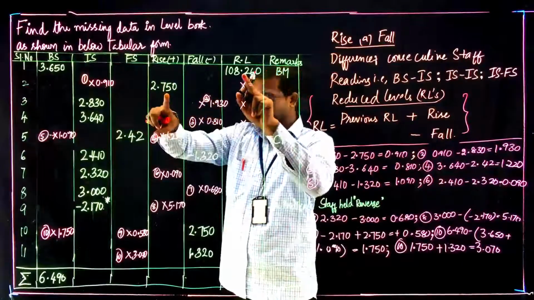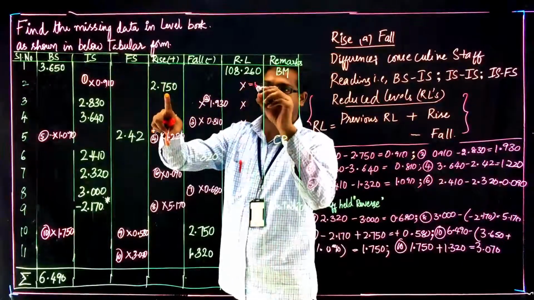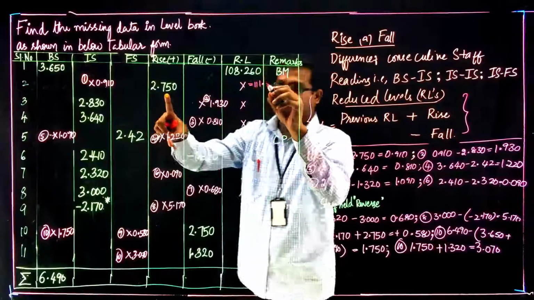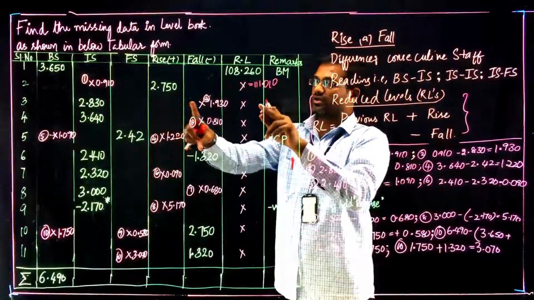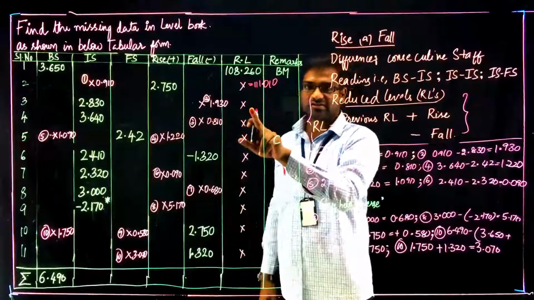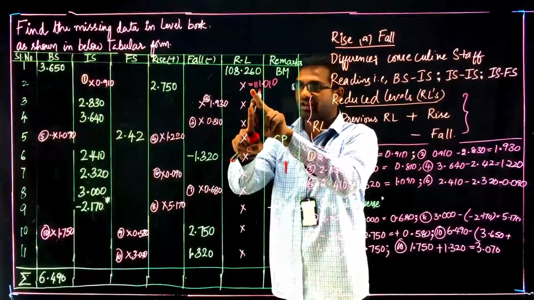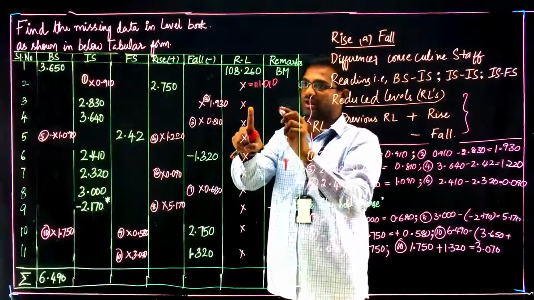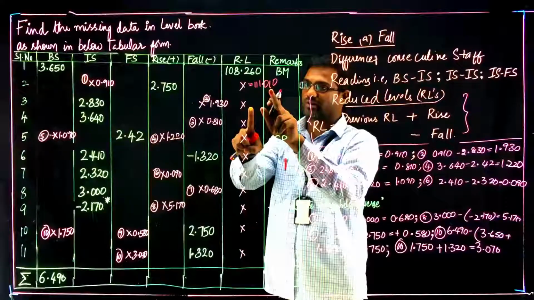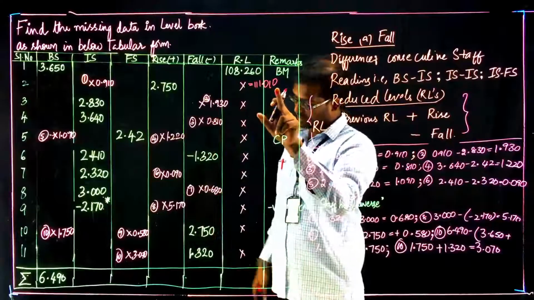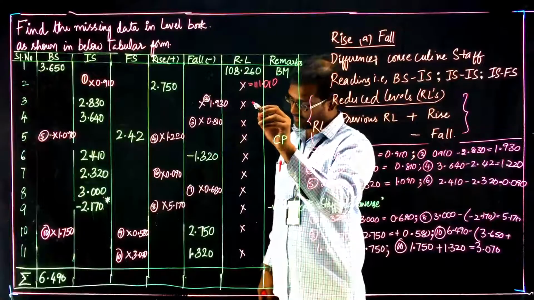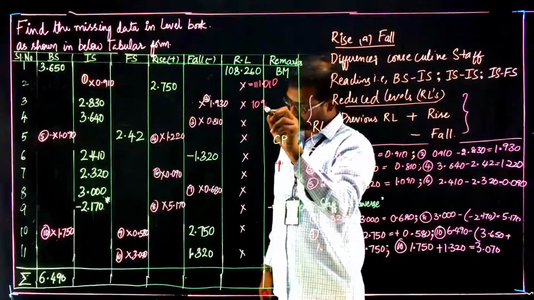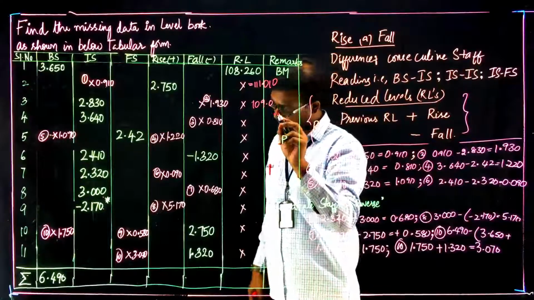If it's a rise, you have to add this value. You will get this value as 311.010. Now, for this reduced level, previous reduced level, rise or fall? Fall. So minus 1.930. So 311.010 minus 1.930 will give you a value of 109.080.